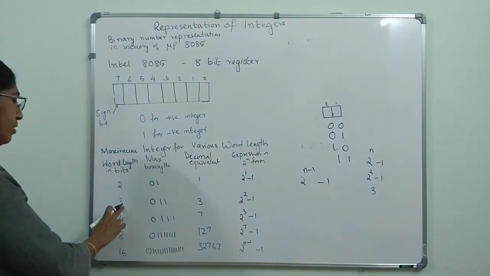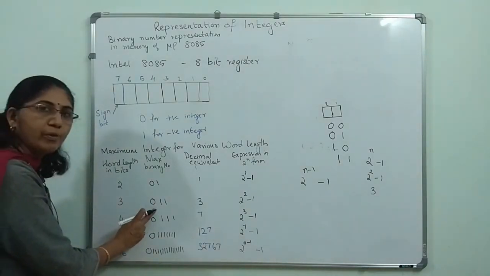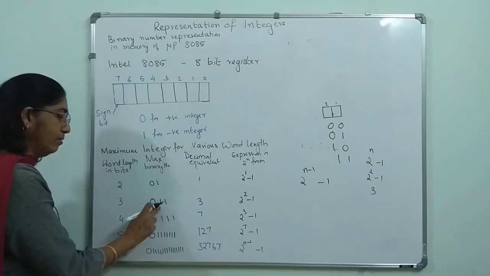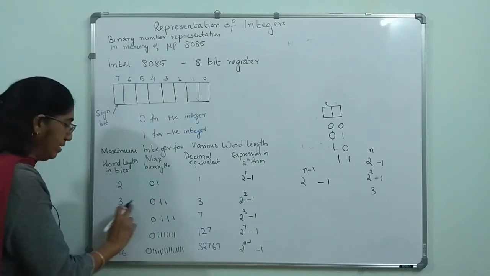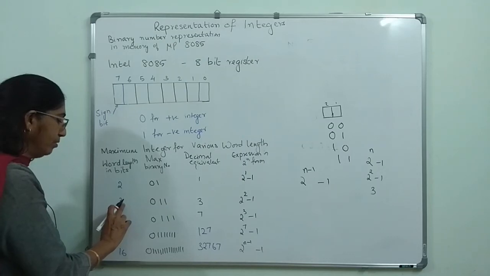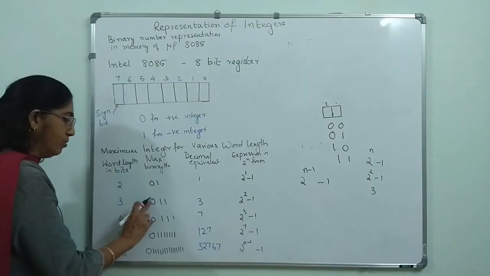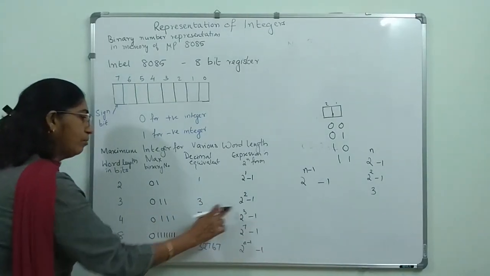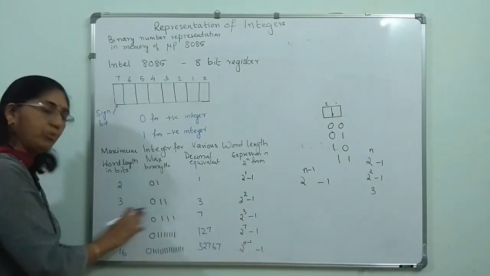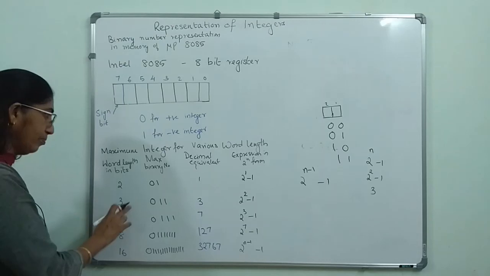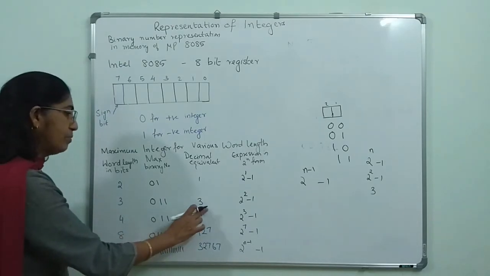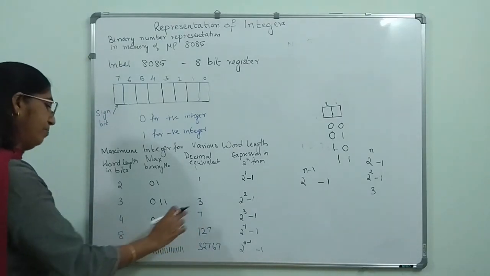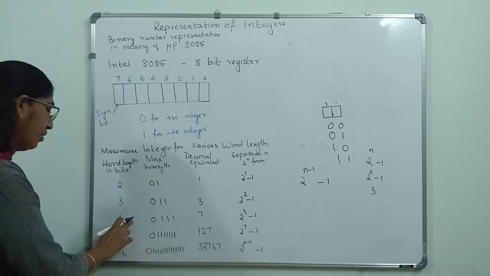Coming to the 3-bit arrangement, again 1 bit goes for the sign. What remains is 2 bits, that is n minus 1. 3 is the n value here, so 3 minus 1 is 2. So this is 2 raised to 2 minus 1. That will be the maximum value you can give to a 3-bit word. Its value is 3. Like that you can go for any number.